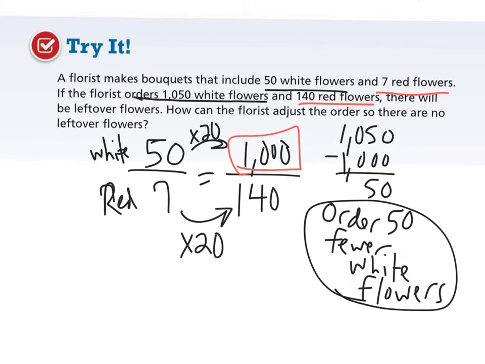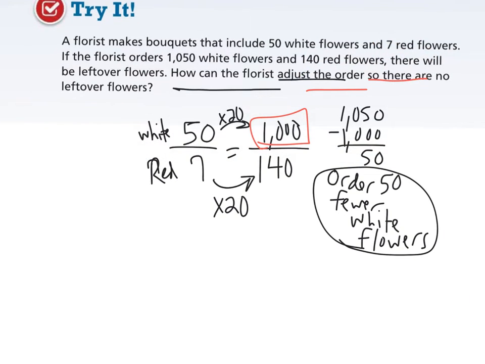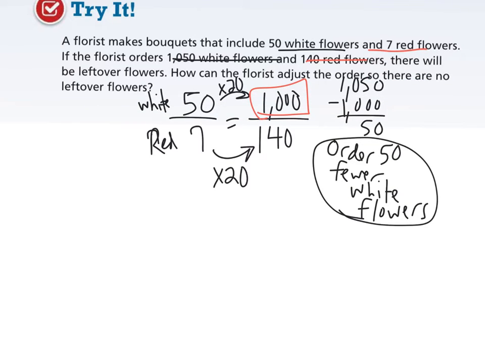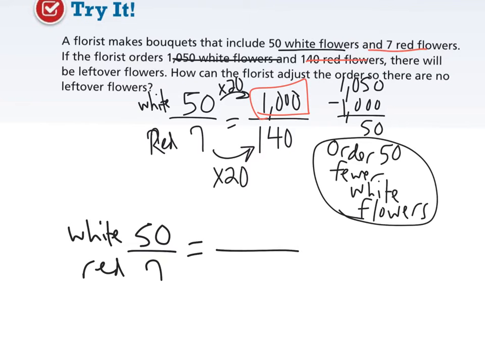Another option, like I said, would be to do it the other way around. So we have this ratio 50 to 7, white to red. So if we keep the white at 1,050, that would be multiplying by 21.